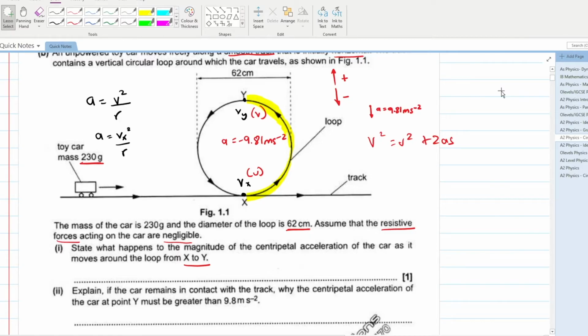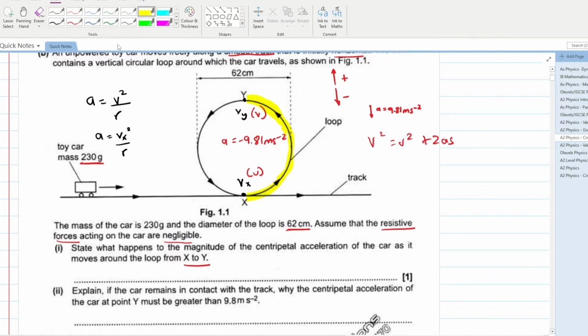Dekho, you are moving in a circle, from point x towards point y. Now at point x your velocity is, let's say, u, and at point y your velocity is, let's say, v. Your acceleration due to gravity is -9.81.